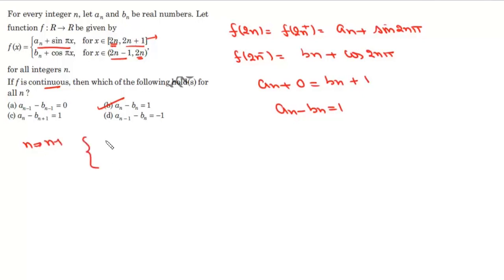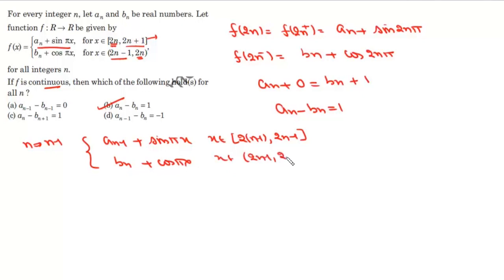Then we can write this as an minus 1 plus sine pi x if x belongs to 2n minus 1 to 2n minus 1, and here it will be this bn plus cos pi x when x belongs to 2n minus 1 to 2n.